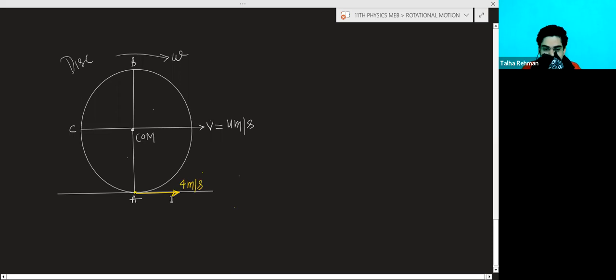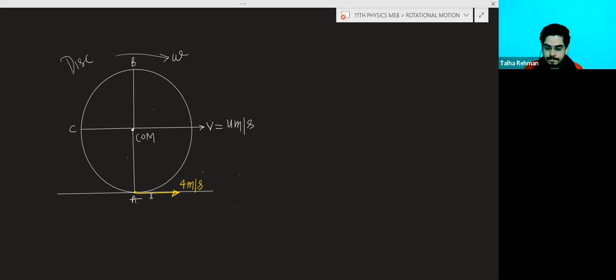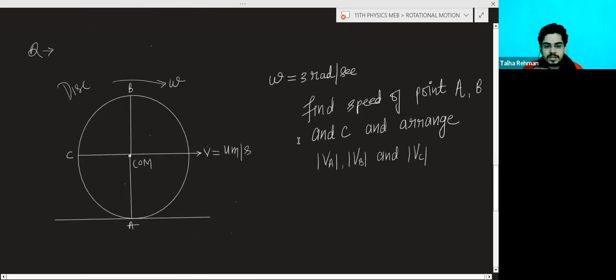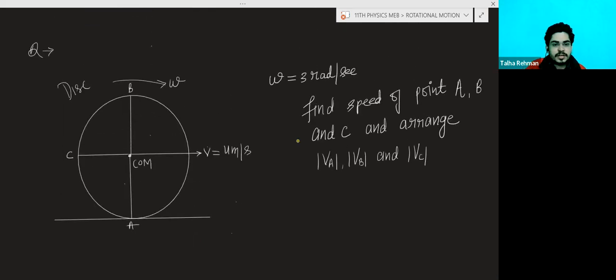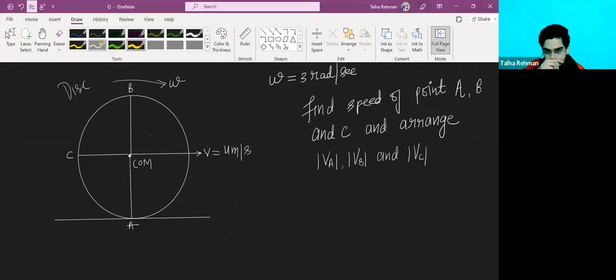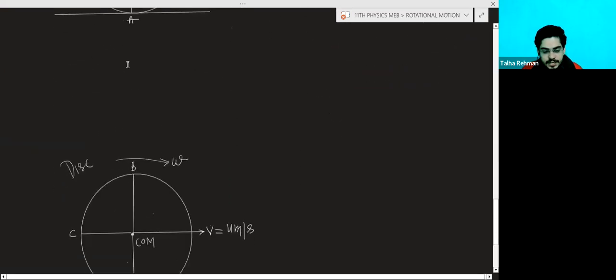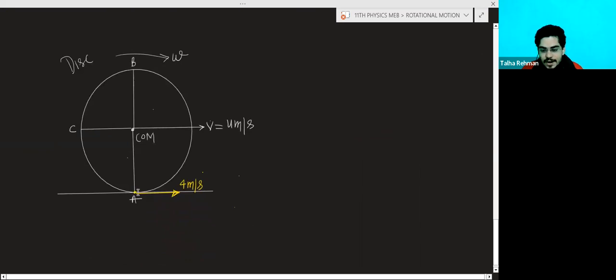Okay. After that, there is another tangential velocity due to the rotation, that is r omega. Radius is not given here, so take radius r as 1 meter.